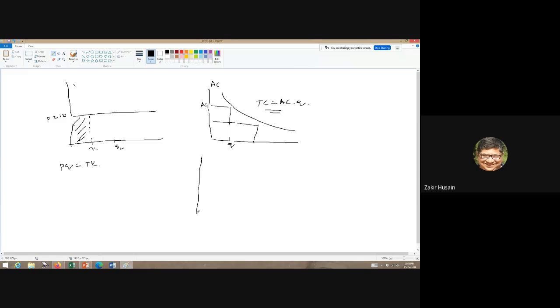Okay. Now let's merge the graphs. Over here, if I produce over here, what am I getting? Total cost is greater than total revenue, right? So profit will be negative. So this is the loss-making zone.